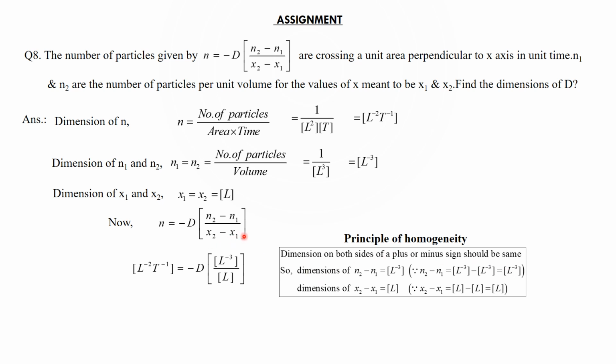Similarly, x2 minus x1 should be L. On solving, what we get? L to the power of minus 4 on the right hand side into D. So D is equal to L to the power of minus 2 T minus 1 divided by L to the power of minus 4, which is L2 T minus 1.